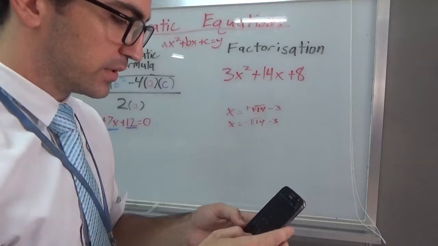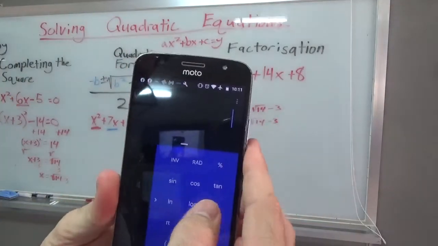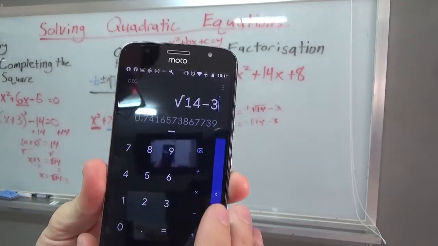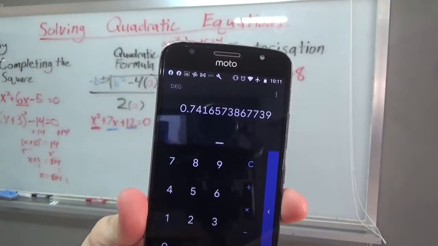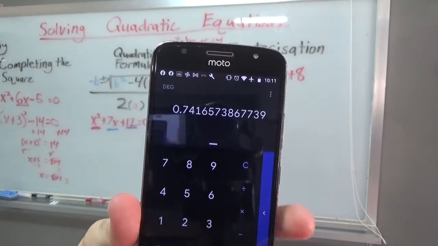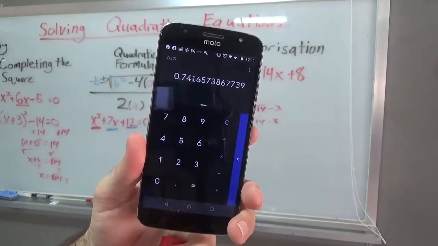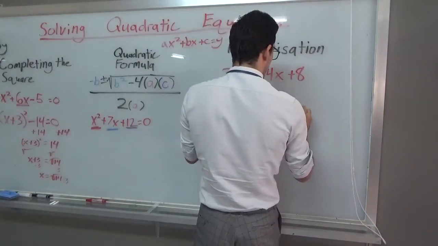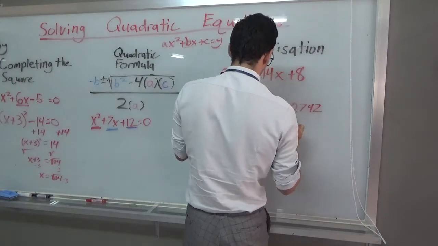So I will take the square root of 14 minus 3. Let's see if this is showing up. So our value is 0.74, let's round it to 3 decimal places, 0.742.